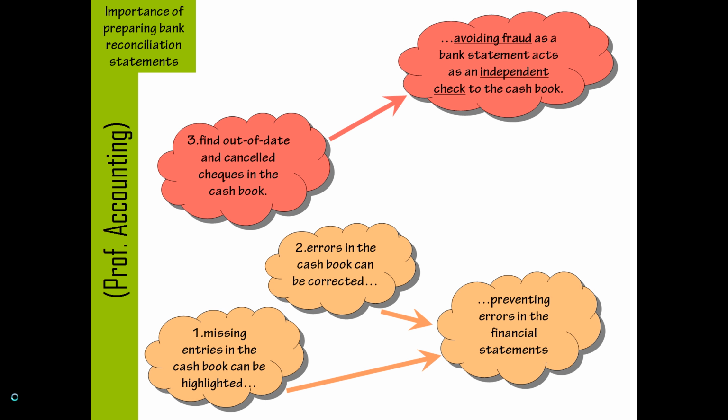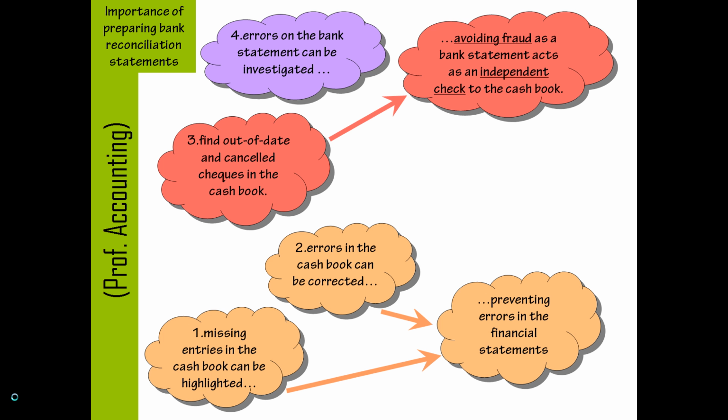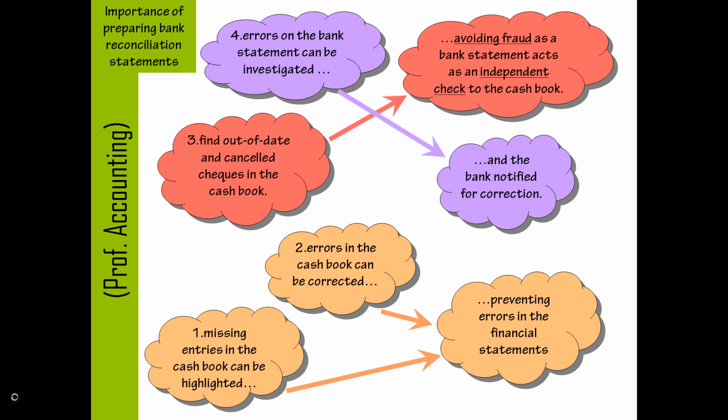And lastly, errors on the bank statement can be investigated. So any error that you find when you receive your bank statement from the bank, you can look at that and raise any issues with the bank themselves, notifying them to make amendments or corrections if that is the case. That links to fraud.